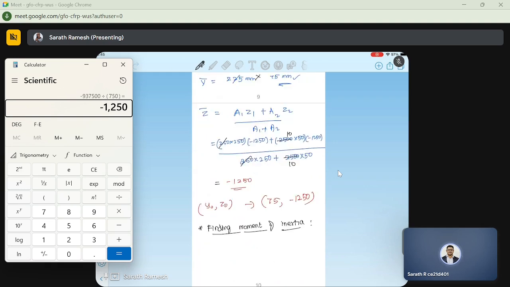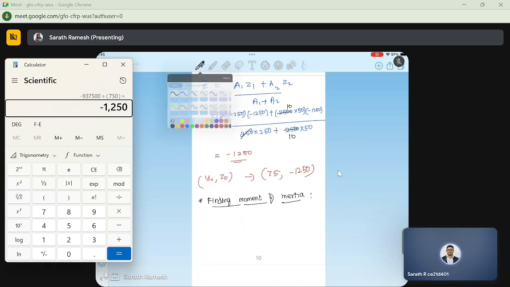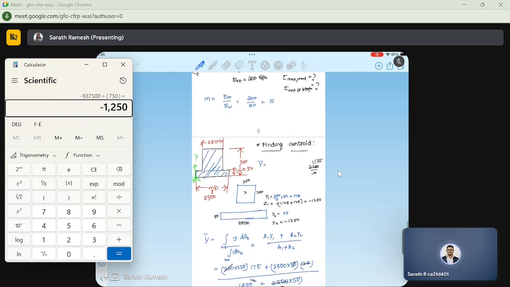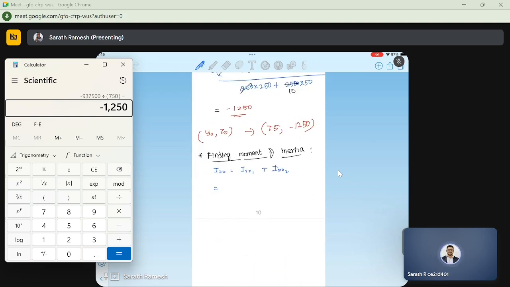Izz, there are two sections, so Izz will be Izz1 plus Izz2. Now Izz1 will be given by 250 into 250 cube by 12 plus 250 times 250, the area, into the square of the distance between them.